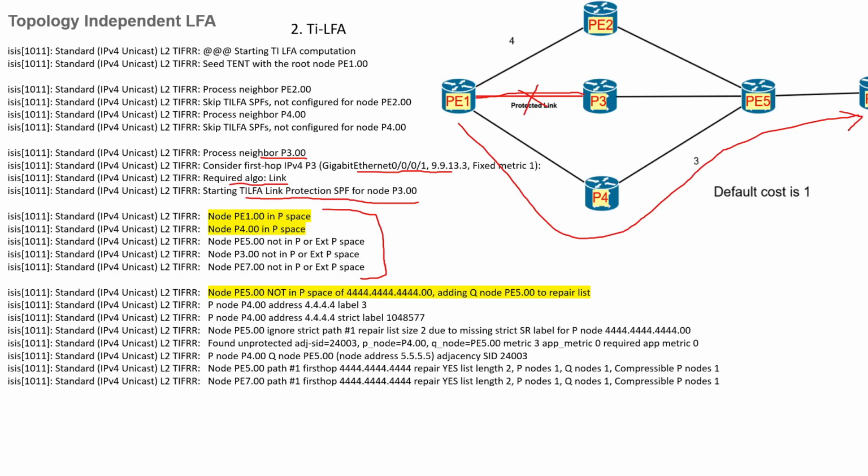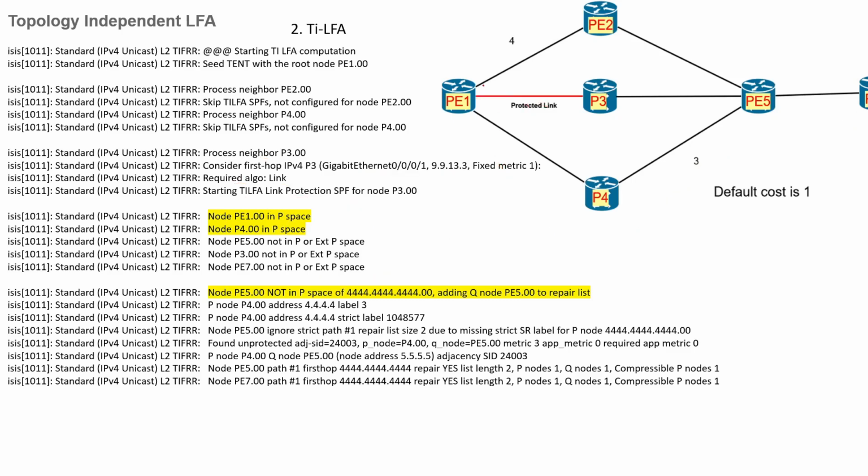You can see in this scenario, P1 and P4 both are in the P space, but PE5 is not in the P space or not in the extended P space. P3 is not in the P space, not in the extended P space. Again, PE7 is not in the P space and not in the extended P space.